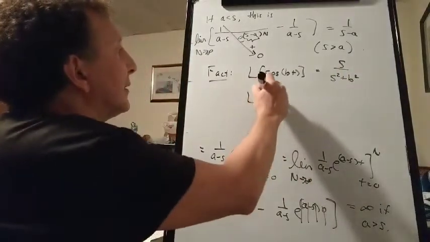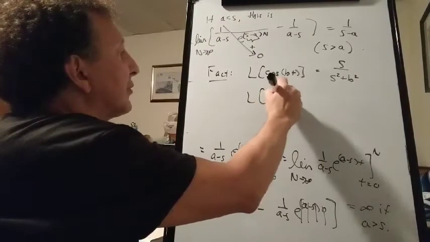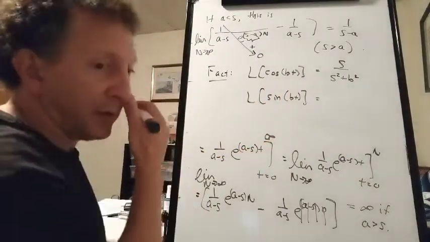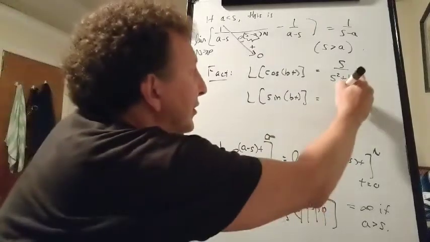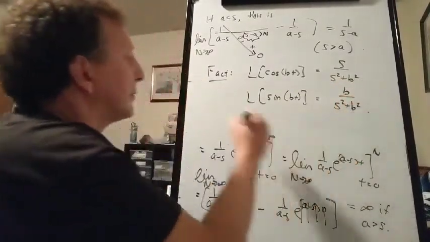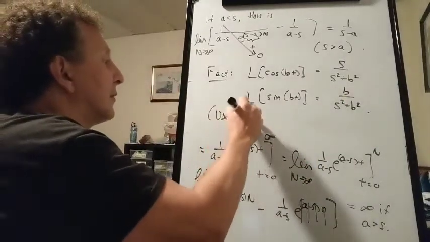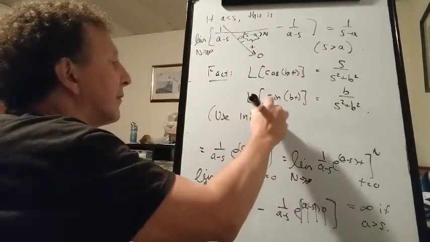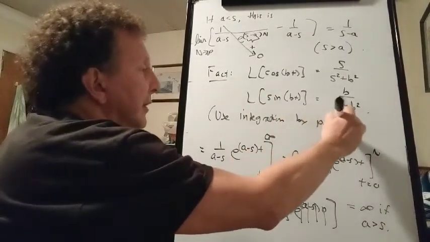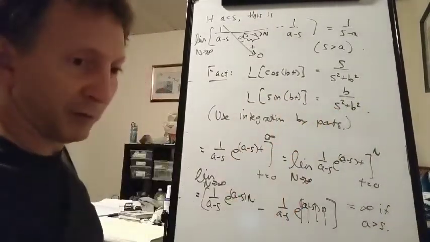And if we look at the Laplace transform of sine of bt, then we get something very similar, which is b over s squared plus b squared. And this just comes by using integration by parts.